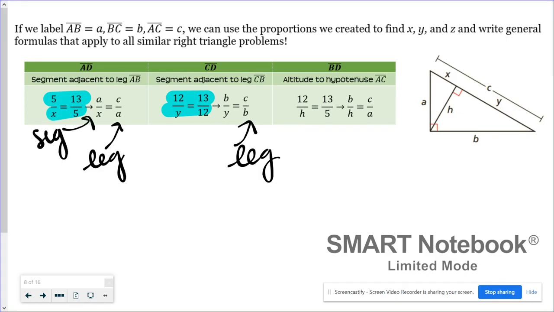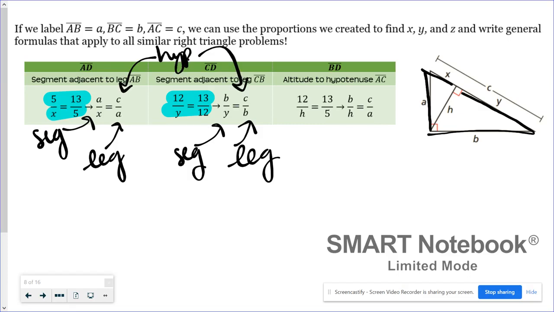So X is the segment adjacent, Y is the segment adjacent. Here's leg A, segment adjacent is X. Here's leg B, segment adjacent is Y. And then you also have the hypotenuse of the main triangle.